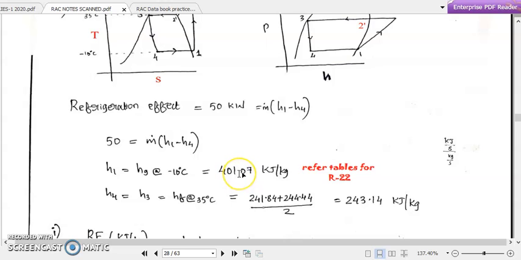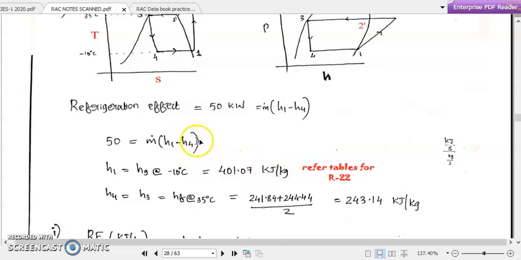This is how we use our RAC data book, by looking up the corresponding temperature and the enthalpy, entropy or pressure terms. So we have found the value of H1.